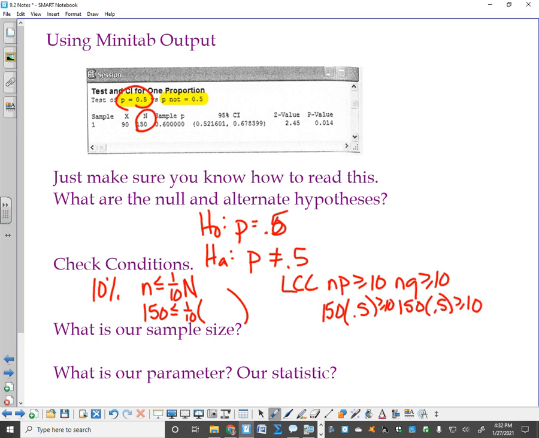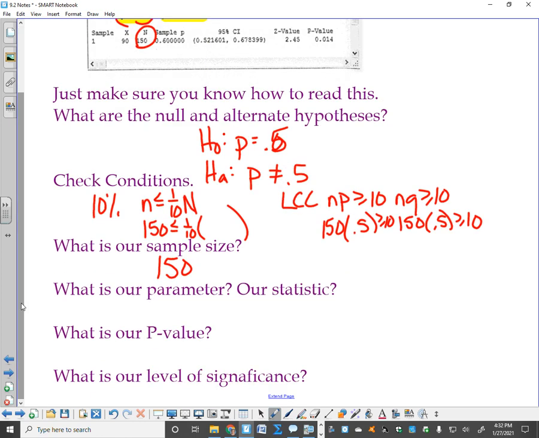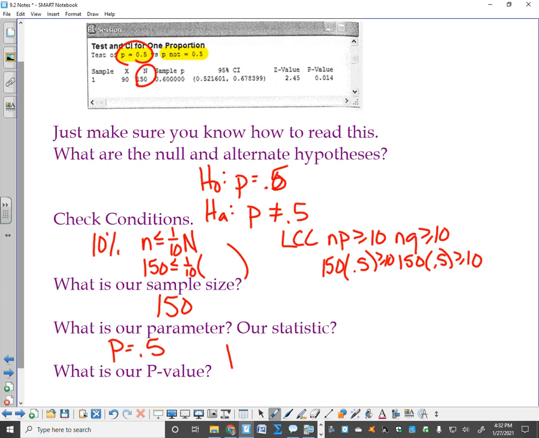What is your sample size? 150. What is your parameter? What is your statistic? Well, I know it's going to be something out of 150. Now, this is the part that's not labeled like Captain Obvious.